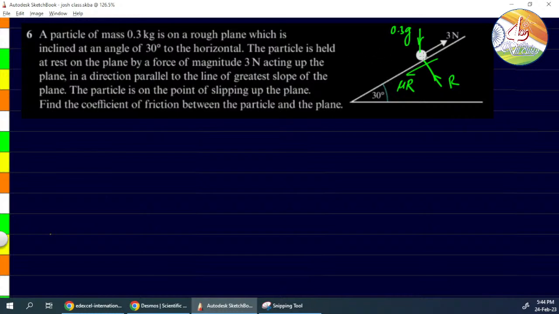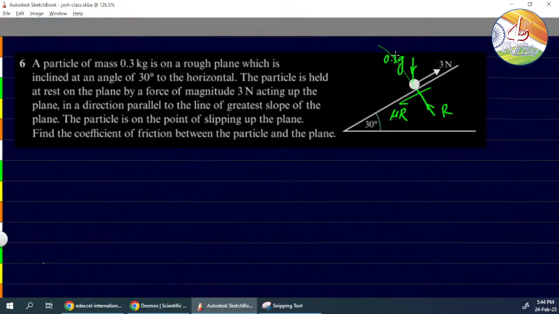So now we have to take this line as the y-axis, and this line we need to take as the x-axis, right? What will be this angle?